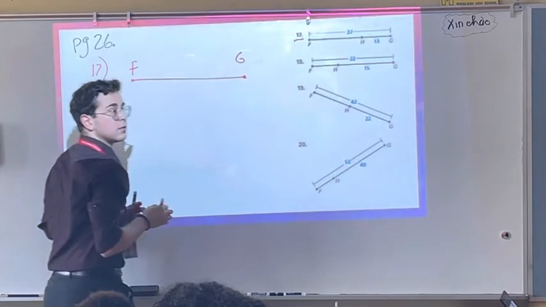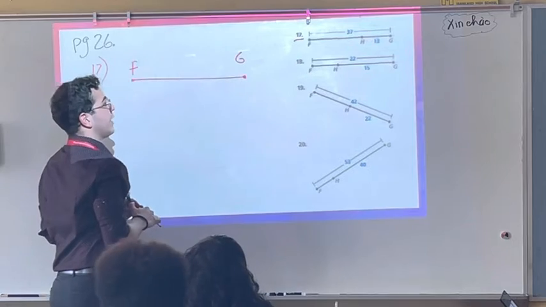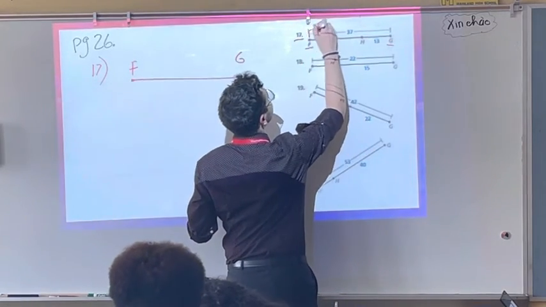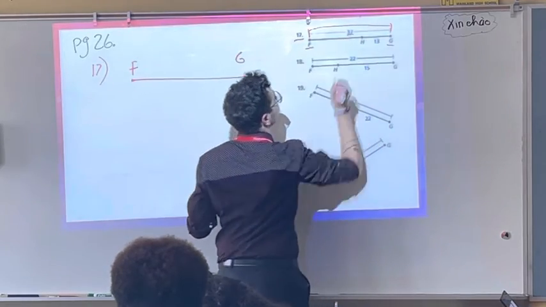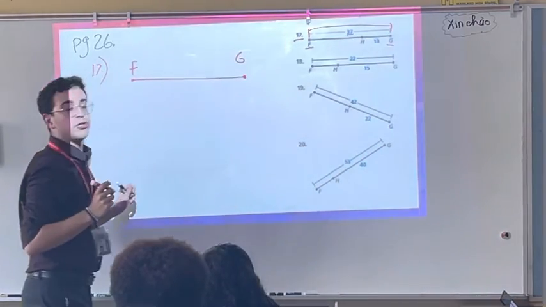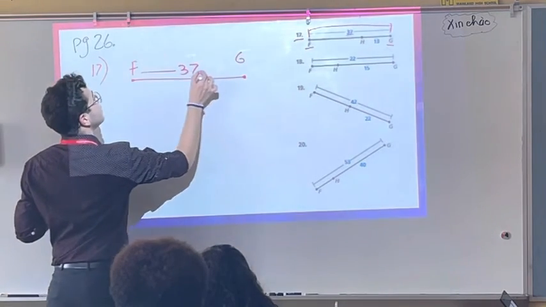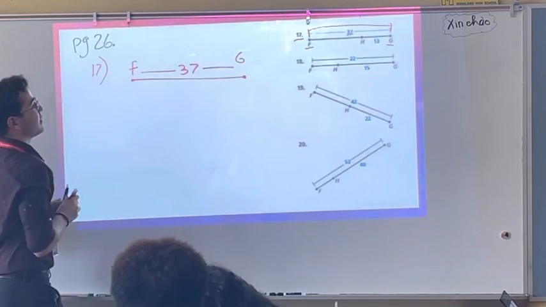Okay, not quite. From F to G, the total distance is how much? 37. Oh, F to G. Yes, F to G is 37.